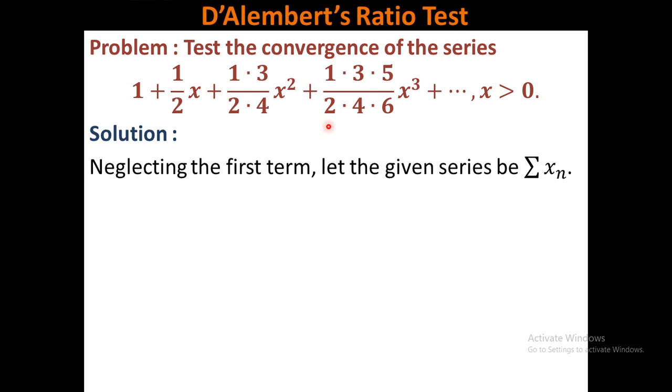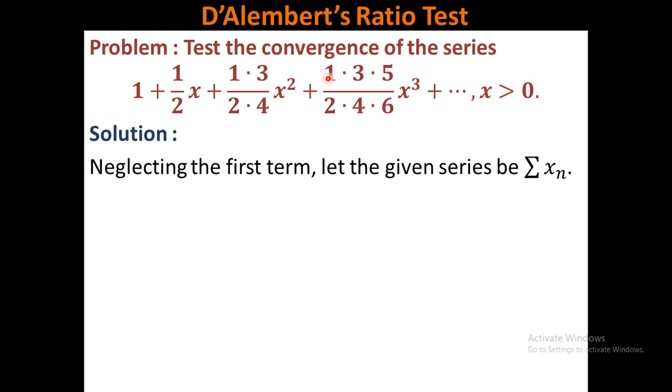The denominator starts from 2 and is a product of even integers. It starts from 3 and ends with 6. It starts from 2, ends with 4. Just see the end factor, this is 4, double of 2, this is 6, double of 3. So if there is x to the power 4, then this will be 8. If this is x to the power 5, this will be 10.